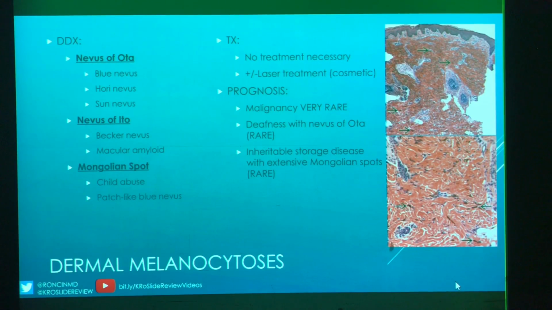But it's really very rare for these to have malignant transformation. With the nevus of Ota, there is a rare risk of deafness, and there's also an inheritable storage disease that's associated with very extensive Mongolian spots. But again, these are extremely rare conditions, so for the most part, clinicians are going to look at them and probably say, oh, this is a Mongolian spot, or this is a nevus of Ota, and they may just leave it alone.